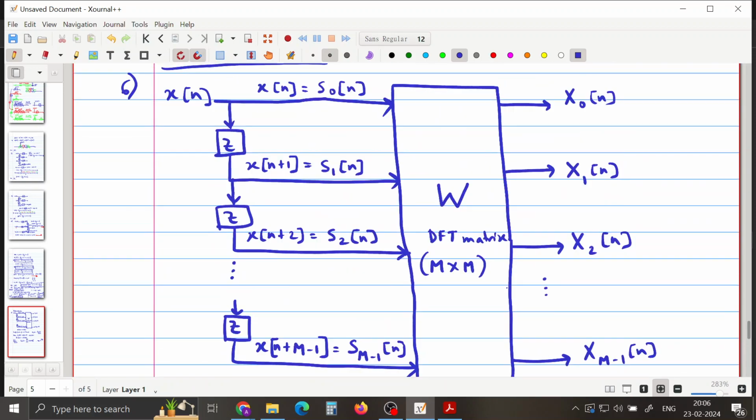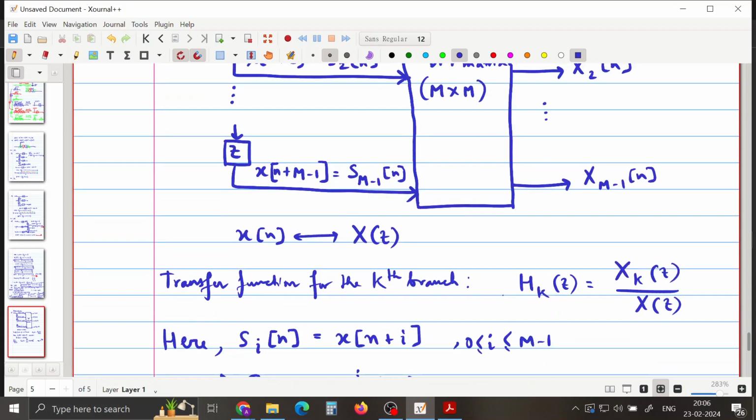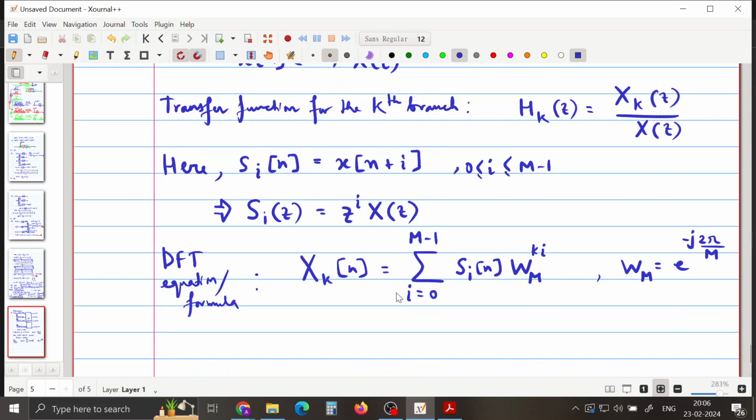You have an incoming vector of Si of n, an m by 1 vector, and this m by m square matrix is acting on that vector to produce another vector, which are the DFT coefficients. So what is Xk of n?